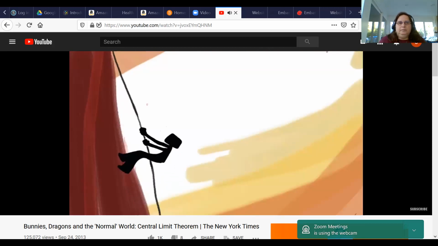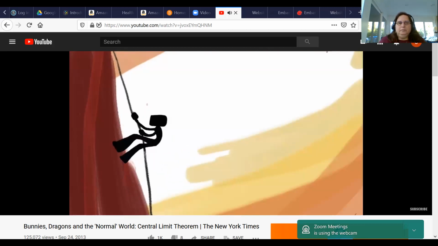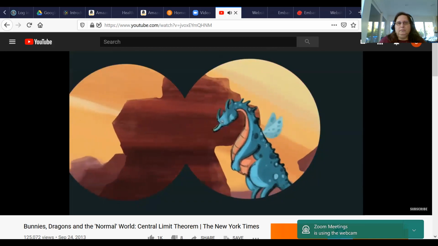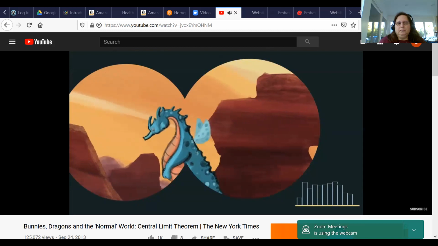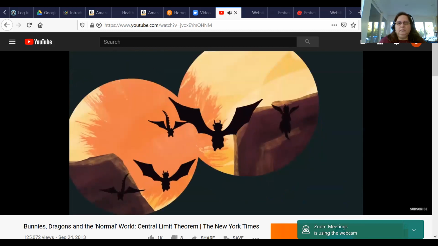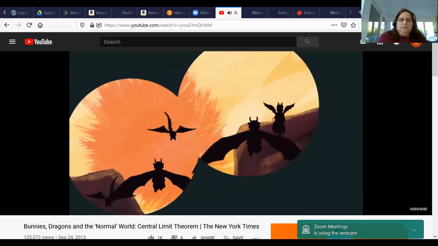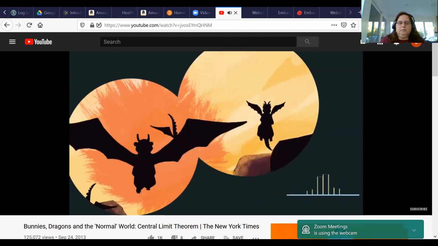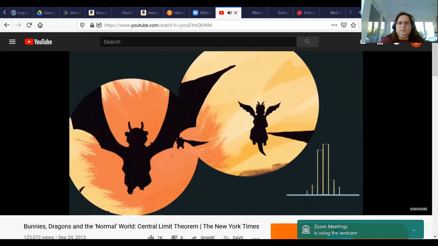If an even braver ecologist were to study wild dragons and measure dragon wingspans, the distribution of the average wingspan would still be approximately normal. And again, the more dragons our brave ecologist could measure at a time, the closer the distribution of their average wingspans will be to a truly normal distribution.